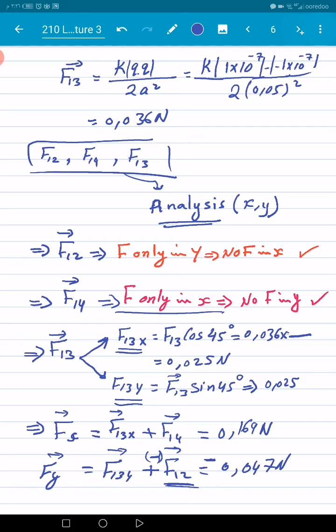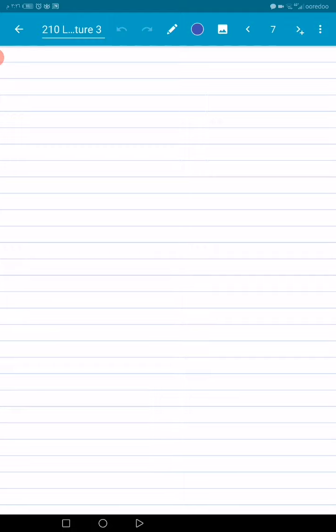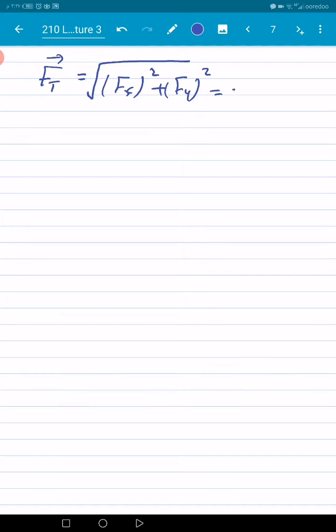So the total force, F total, is equal to the square root of Fx squared plus Fy squared. So it's equal to 0.175 Newton.